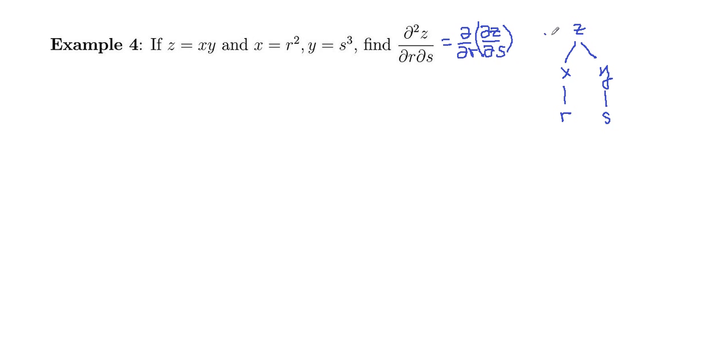So here we've got dz dx, that's a partial, and then dx dr, and then we've got dz dy, a partial, times dy ds.